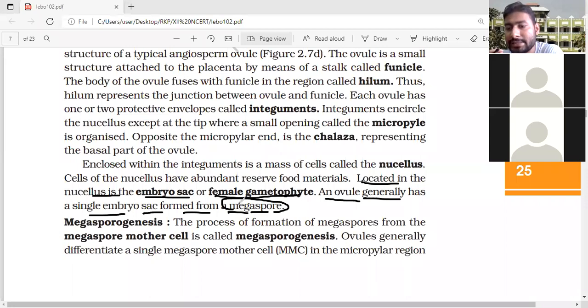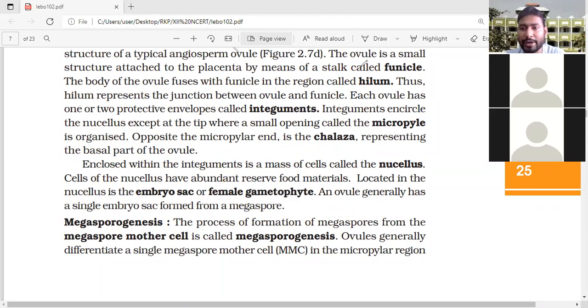That megaspore leads to the formation of the embryo sac or female gametophyte. Is it clear to all of you? Shreya? Yes, sir. Okay. Now you can see, again what has it given?